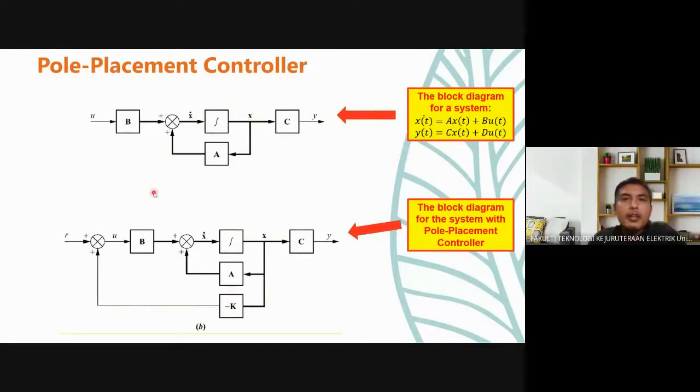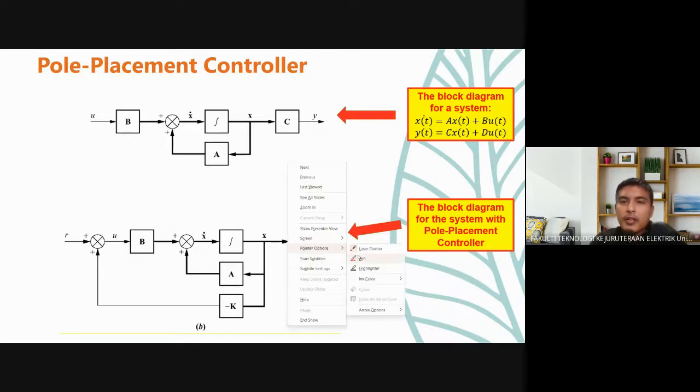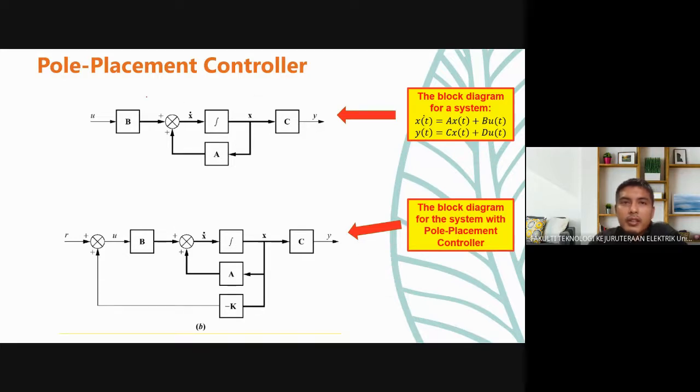All right. So actually, what is the pole placement controller? Okay, actually, this is a block diagram obtained from the state space equation.